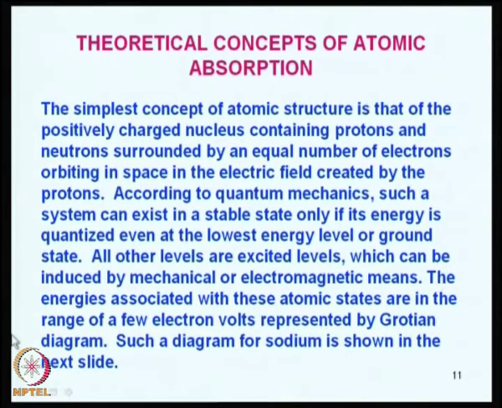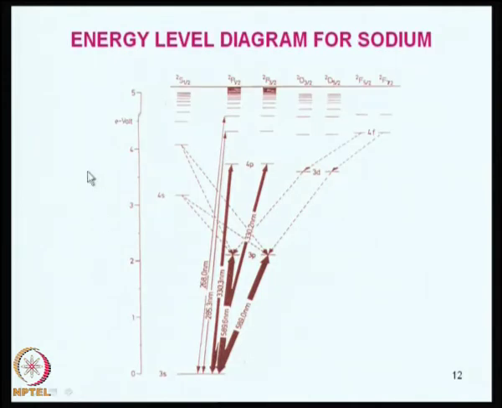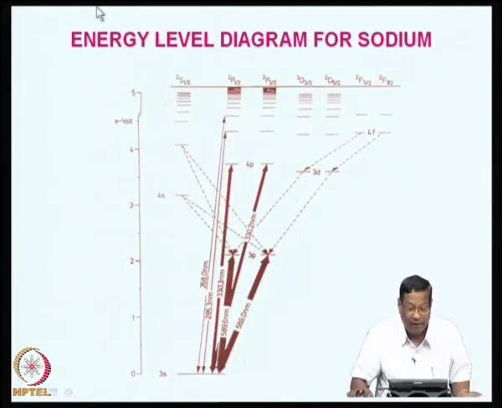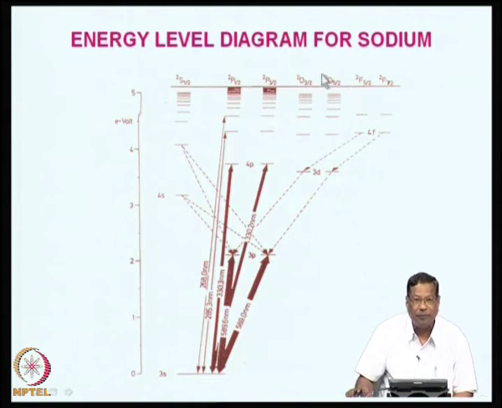So, the energies associated with these atomic states are in the range of a few electron volts, represented by a Grotrian diagram. Such a diagram for sodium I am showing in the next slide. You can see here the energy level diagram for sodium.